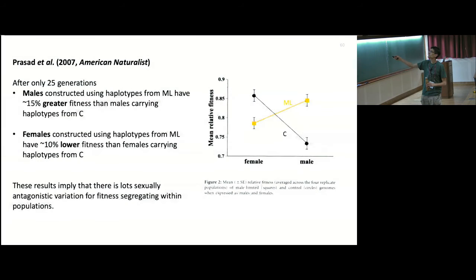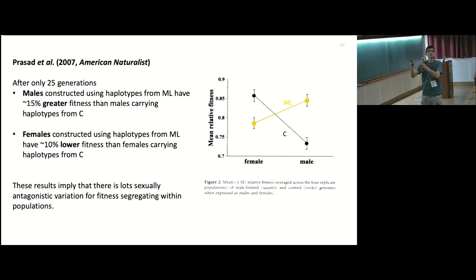Yeah. I don't think you should think of it as going in the other direction. These lines are just to connect the points from the same treatment, right? I mean, the way I think about this is kind of the starting value. I can't remember exactly how they're measuring fitness here. I think they're measuring it relative to a competitor.